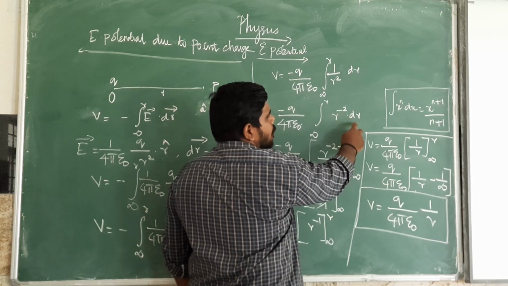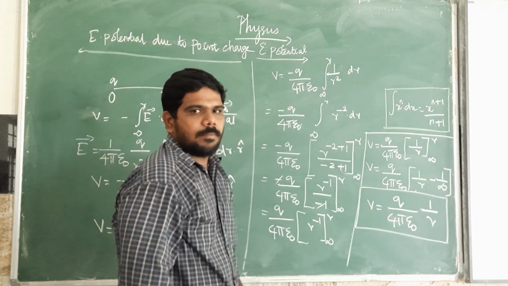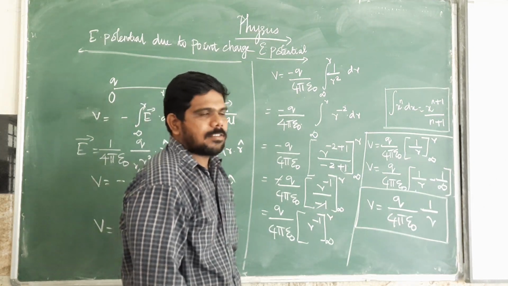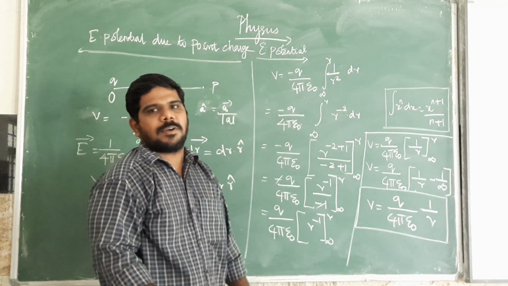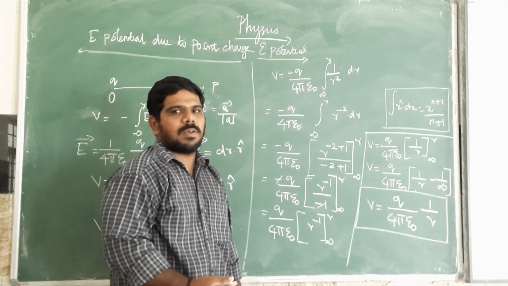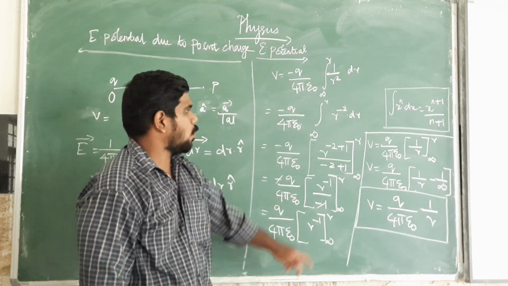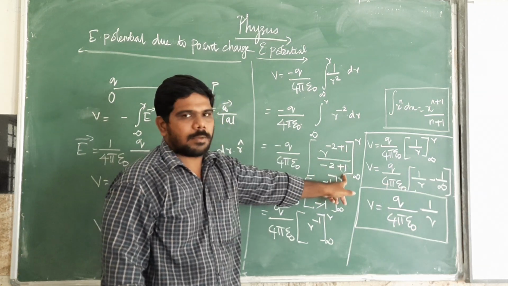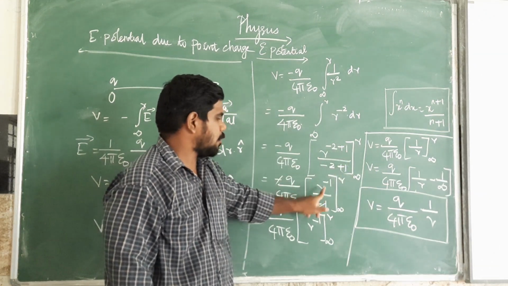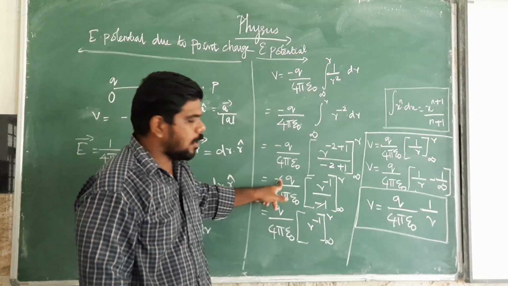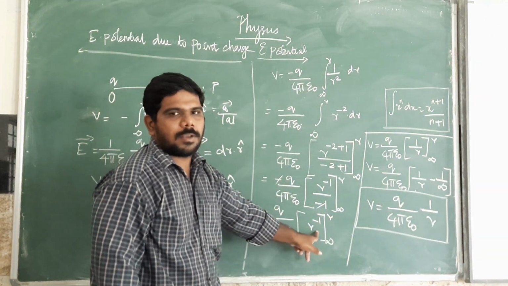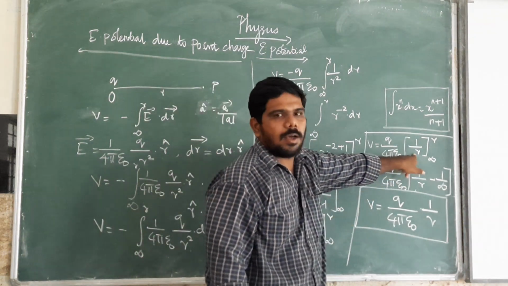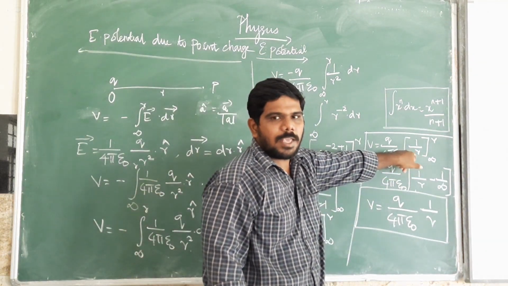So r power minus 2 into dr. Then we know the formula: integral of x power n into dx is equal to x power n plus 1 by n plus 1. So we get r power minus 2 plus 1 by minus 2 plus 1, that is minus 1 by minus 1. The minus signs cancel, so we get r power minus 1, which can be represented by 1 by r.